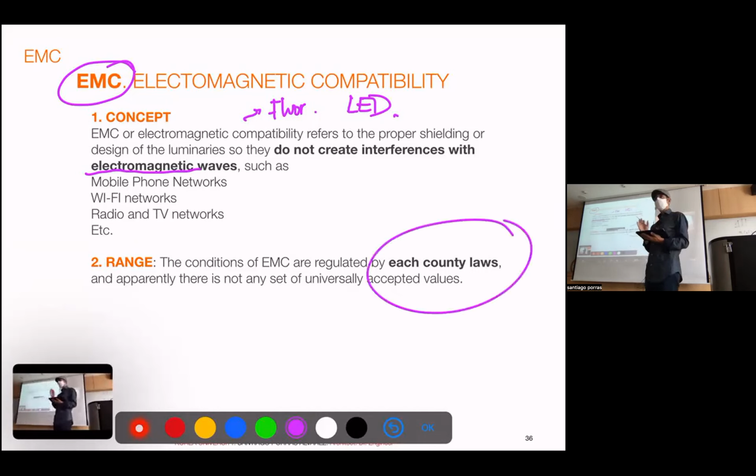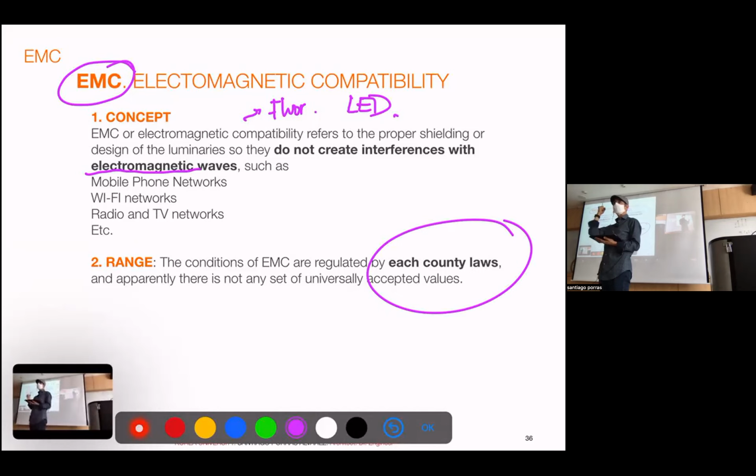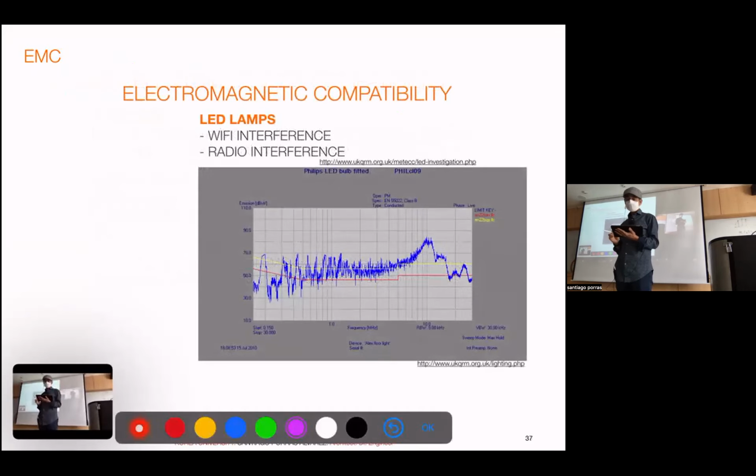So that's maybe a problem, and that is regulated by each country. Almost all lights and devices will have a seal, a certificate of compliance, which often is faked. So be careful when you buy knockoffs and cheap things in the markets, because they may not be compliant with those things.